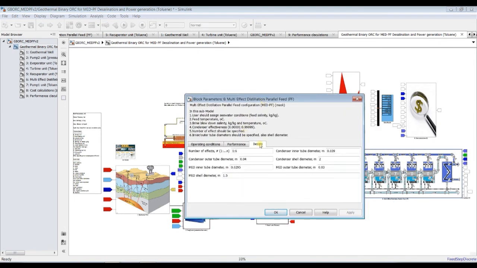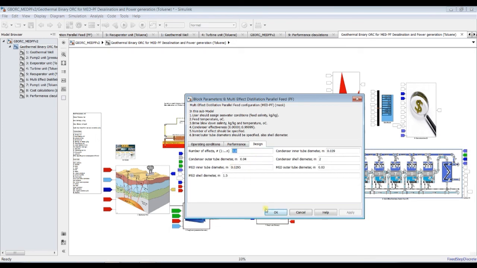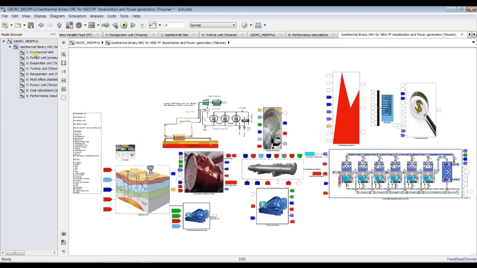Brine blowdown, suppose it's 35, which is quite good. CO2 salinities, 6 effects, efficiency is okay, and let's hit run.